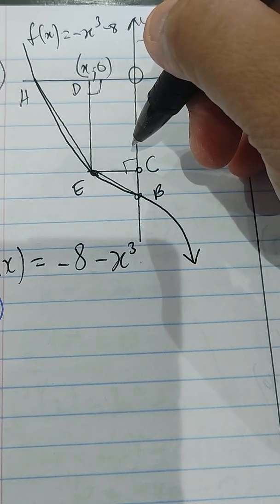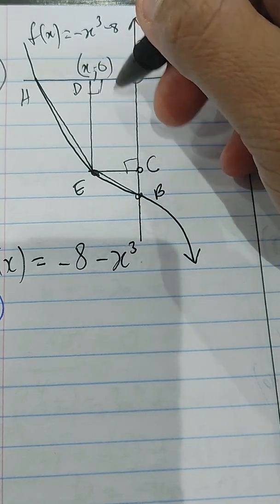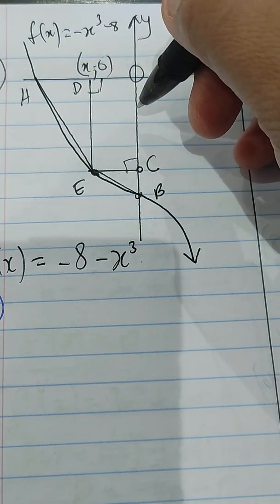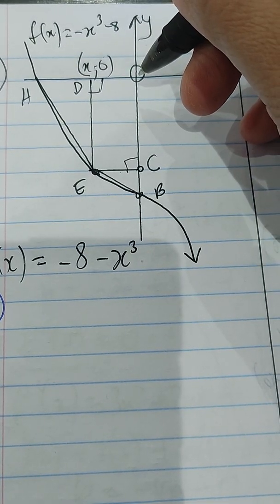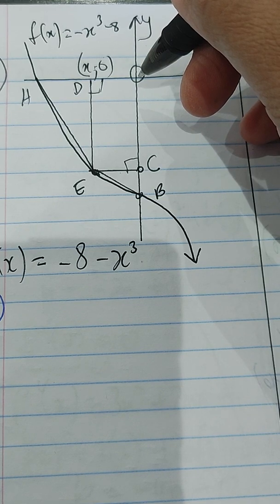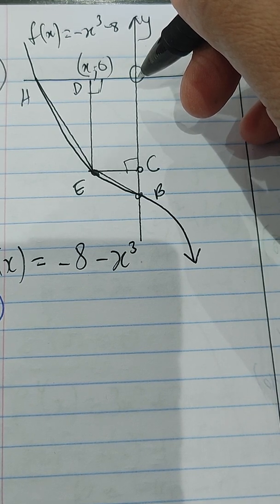Which means, in other words, that one is parallel to your x-axis and the other is parallel to your y-axis. State the coordinates of H and B and then state the length of OH and OB.